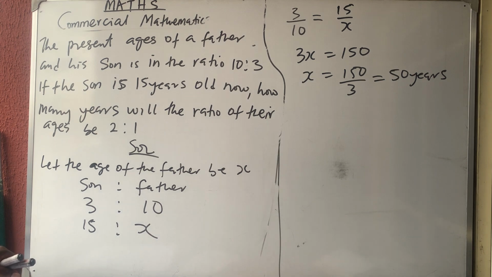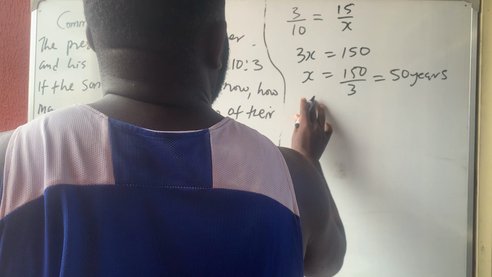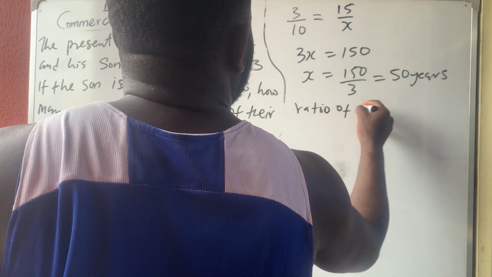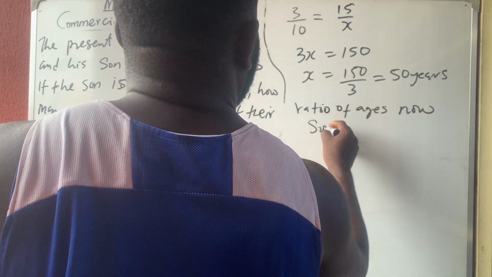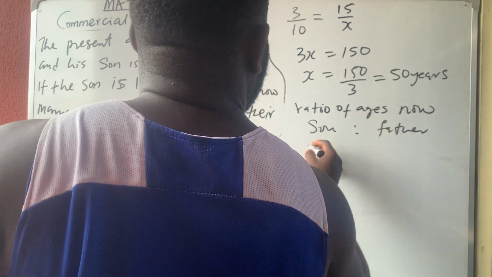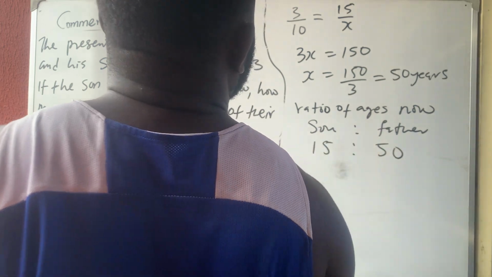Now, all right. So now let's go. So which means the ratio of ages now is what? Son is to father is what? The son is 15, is to the father is 50 years. Okay.